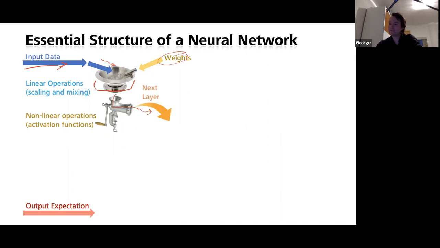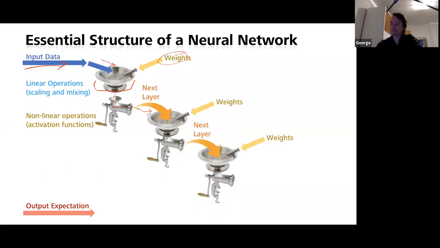Then you do this again in the same way with weights, and then you do this again. And you get some form of prediction. The neural network just has some weights, and it says, okay, I think that this input gives this result. Which is probably wrong, because all weights are initialized to be completely random in the beginning.